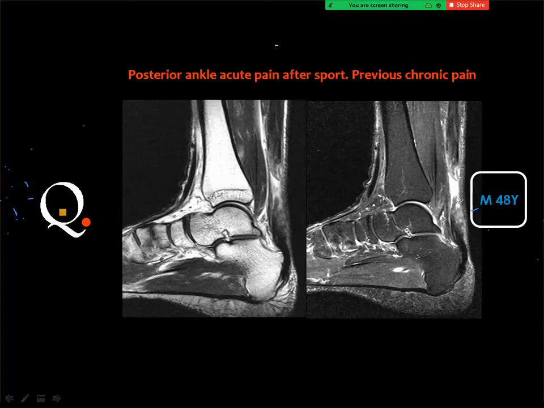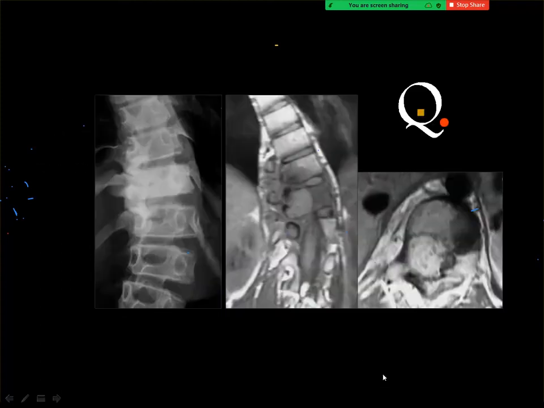Is it fluid or blood or fat? This information is no longer of value, but all that is needed is to measure the gap and to measure the distance from the cut edge to the insertion site of the Achilles tendon. Then next case.